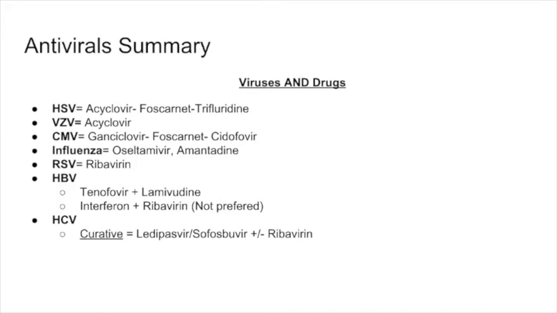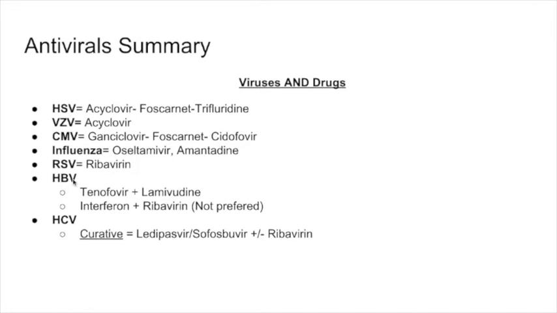Here is a summary for antivirals that I wanted to bring together in one slide. For HSV, use acyclovir, foscarnet, and trifluridine. For varicella, use acyclovir. For CMV, ganciclovir, foscarnet, or cidofovir. For influenza, use oseltamivir, which is Tamiflu, and amantadine, but not really anymore because of resistance. For RSV, use ribavirin.